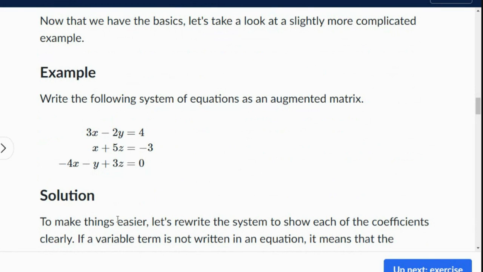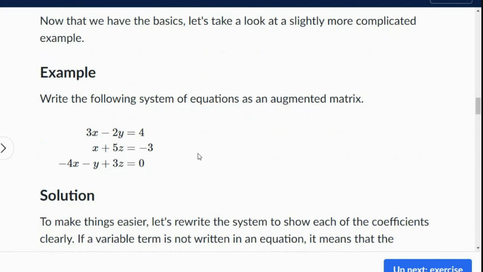So before we look at their solution, what would the first row be? What do you think? The first row. This is a little trickier.